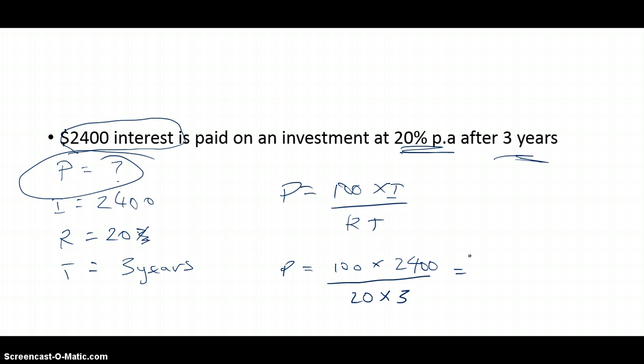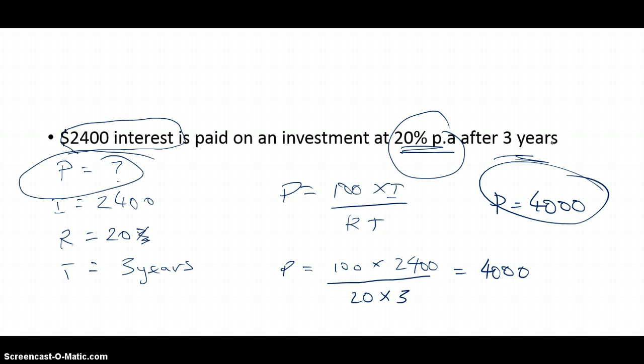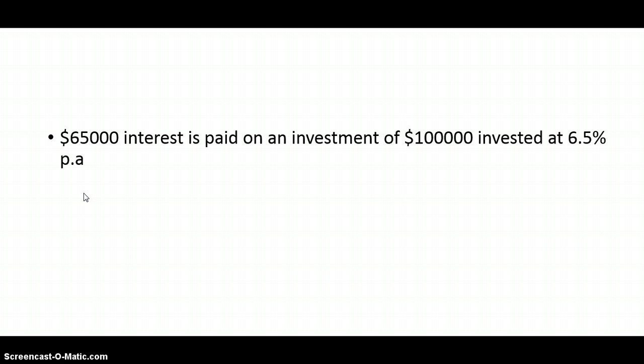If you put that into the calculator, 100 times 2,400 divided by 60, you should get a total of $4,000. That means her principal value is $4,000. So if she wants to earn $2,400 at this rate for 3 years, she has to initially invest $4,000 at the start.